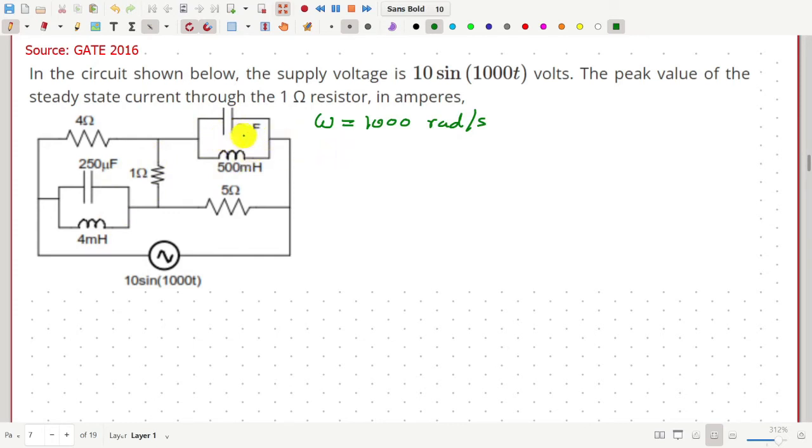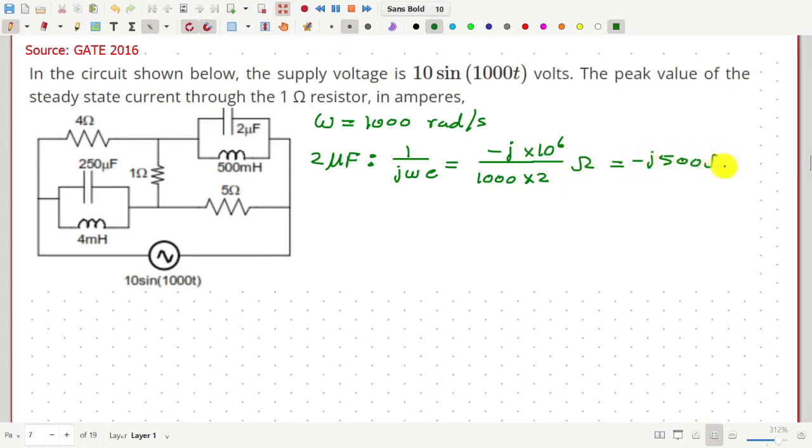Now, starting from this 2 microfarad capacitor, the impedance is 1 by j omega C, which is equal to minus j by omega is 1000 and C is 2 microfarad, so 2 into 10 to the power minus 6. So this is in ohm, which is equal to minus j 500 ohm.